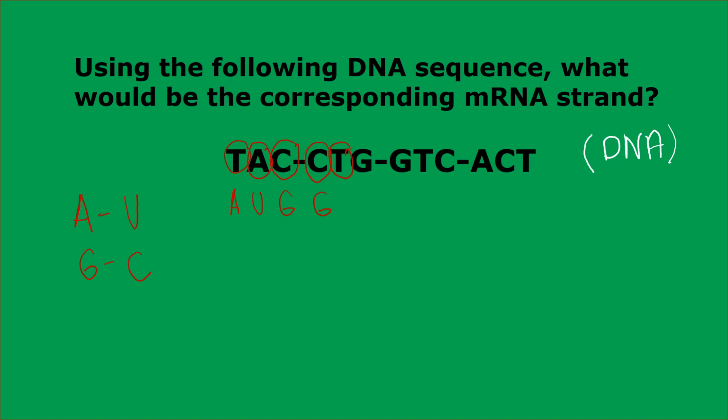Thymine here, adenine, guanine. Cytosine again. Then thymine, adenine. Then guanine, uracil, guanine, and adenine. So that's it. That's your mRNA strand.